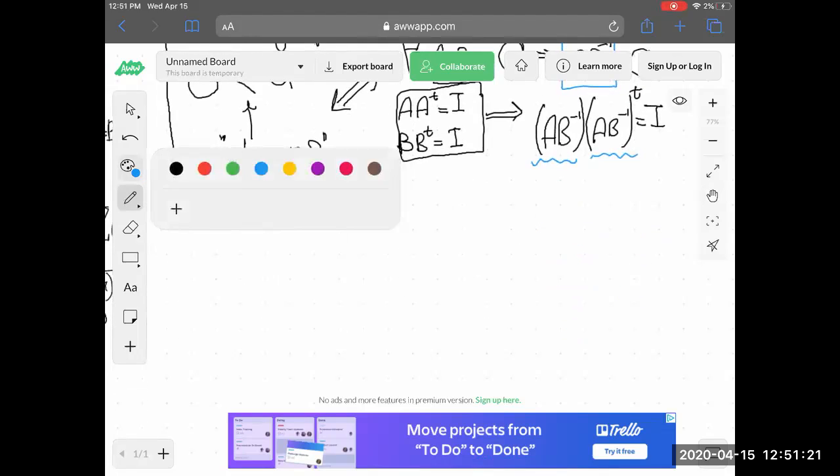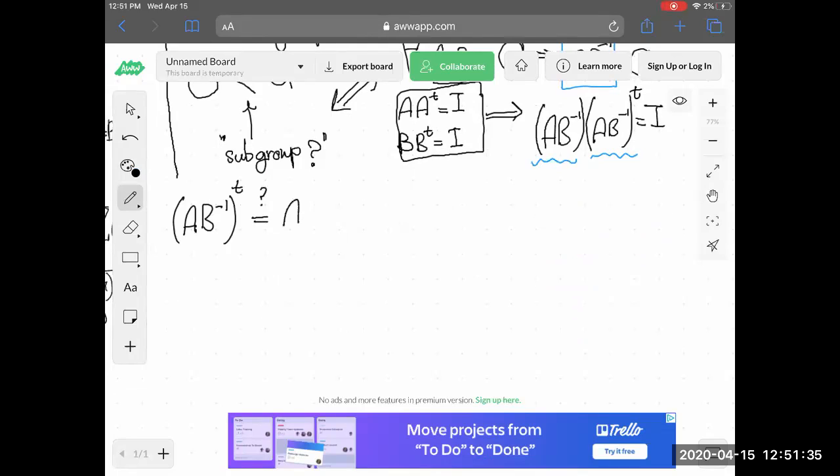Okay. So I have A B inverse transpose. What is A B inverse transpose? What does it equal to? Does it equal A transpose B inverse transpose? Is this equality correct?